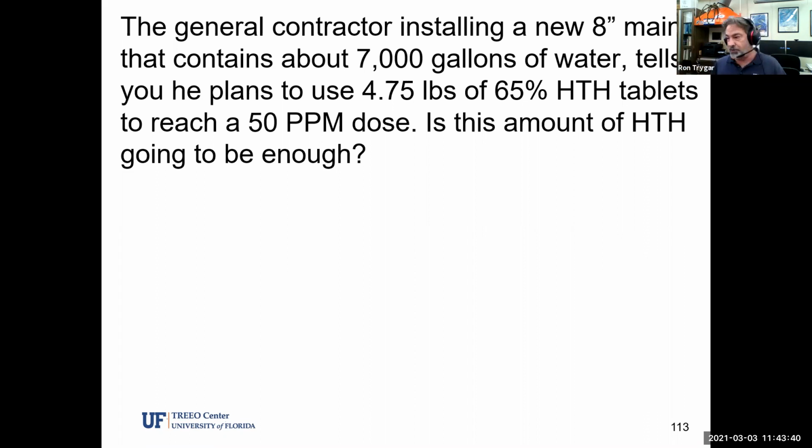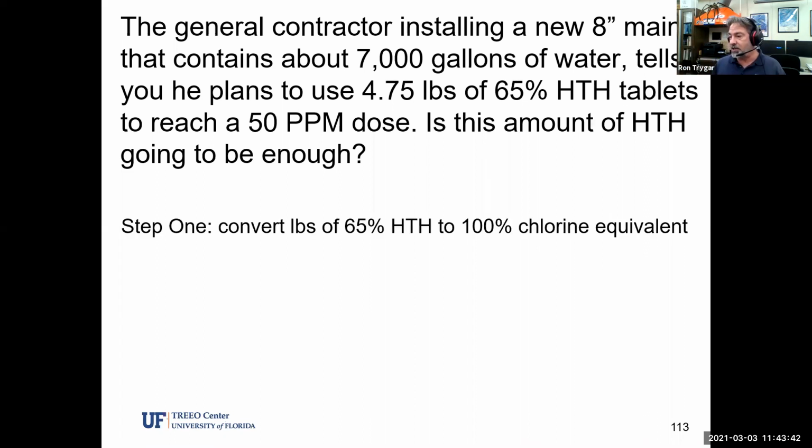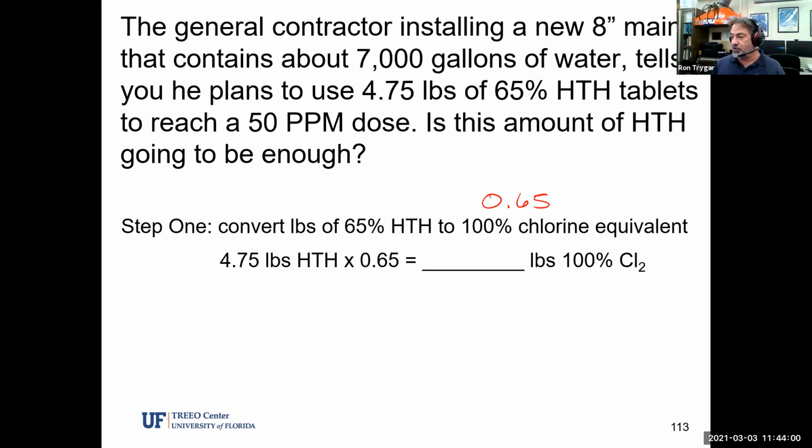So first things first, remember what we said: you convert the 65% HTH to its 100% equivalent, which is 0.65 as a decimal. And we're also going to be using the pounds that we already know. We know that we have 4.75 pounds of 65%. So remember the decimal equivalent is 0.65.